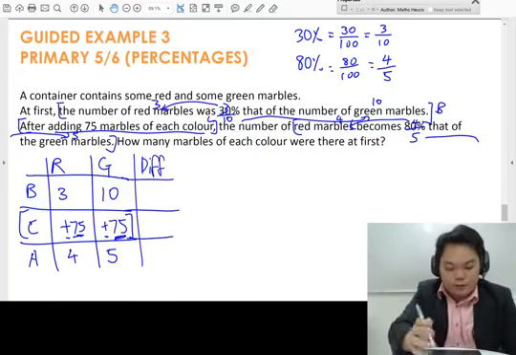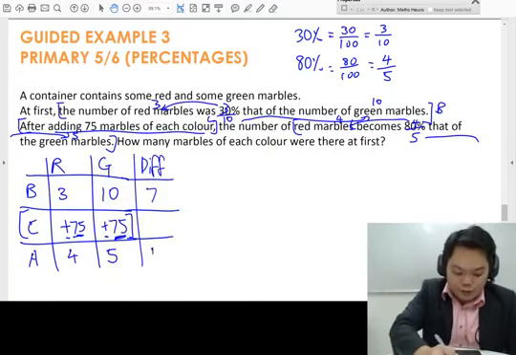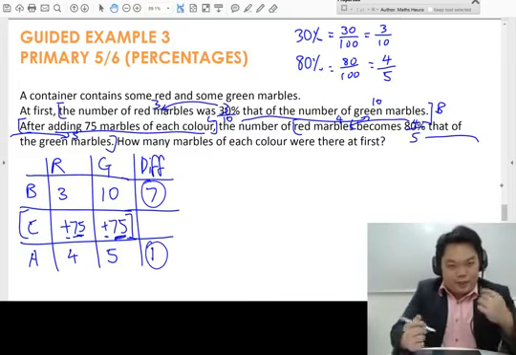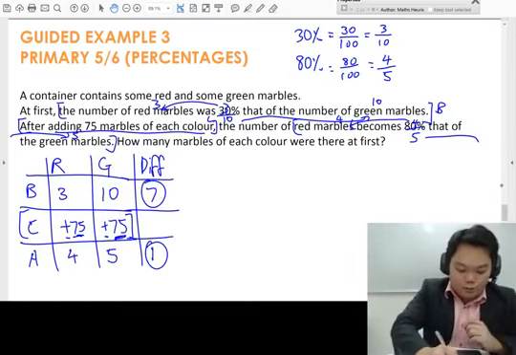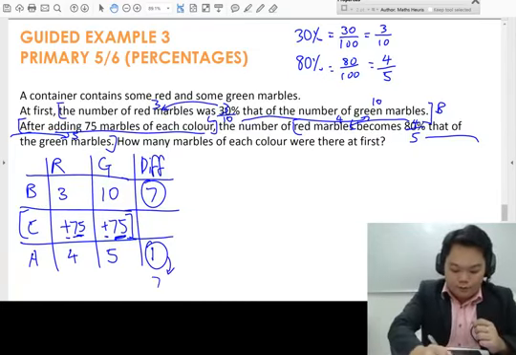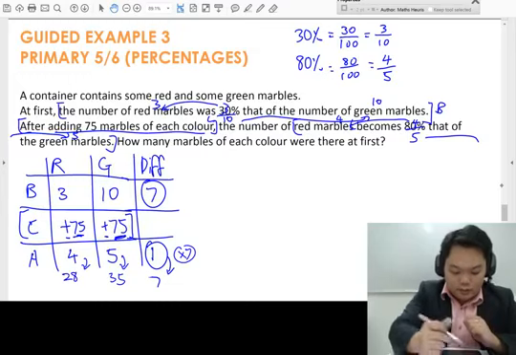Okay, once the difference is unchanged, this will be 7, this will be 1. We say that these two are equal, you want to make them the same. So, between 1 and 7, their lowest common multiple is 7. Therefore, we multiply this by 7. Then this one becomes 35. This one becomes 28.